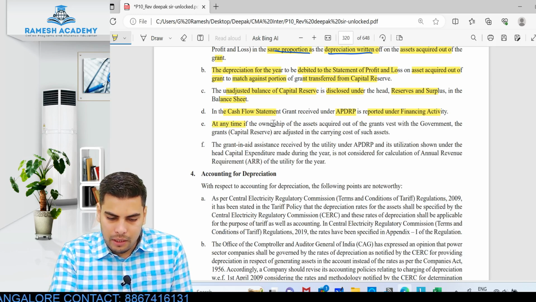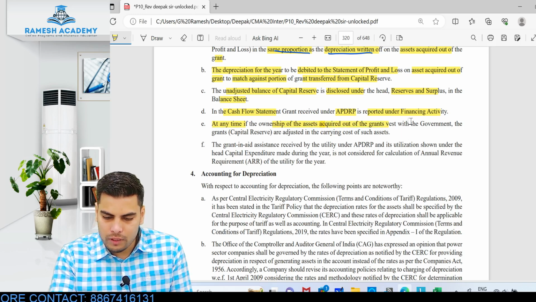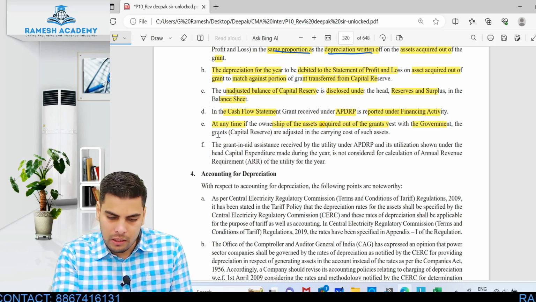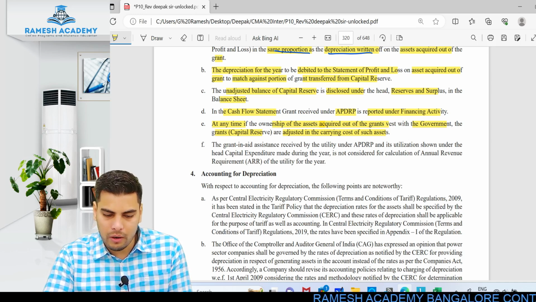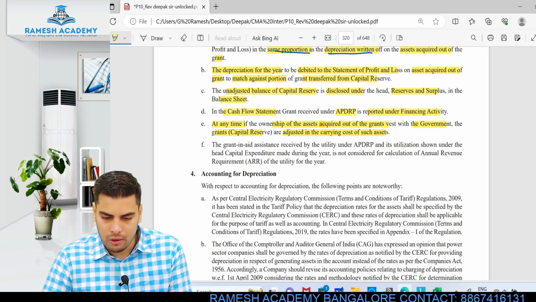At any time, if the ownership of the asset acquired out of this grant vests with the government, the grant, that is capital reserve, is adjusted in the carrying cost of such asset. At any point of time, if the assets which we acquired with the help of this government grant belong to the government, then the same has to be adjusted from that particular cost.